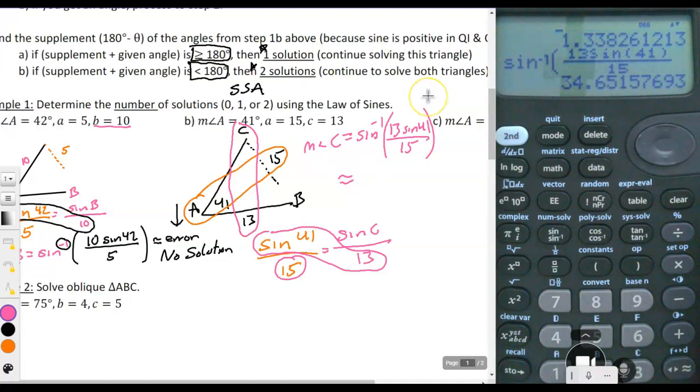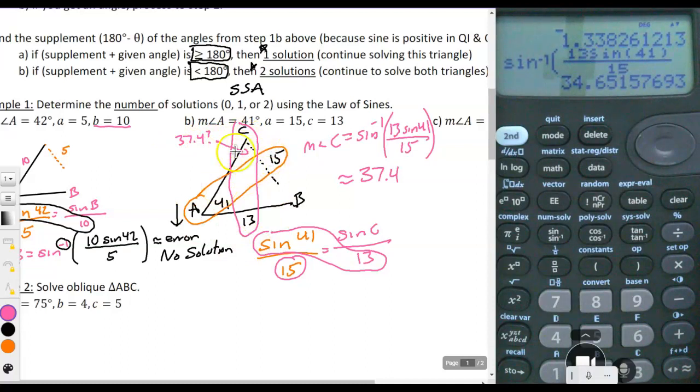All right, and that comes out to 34.7, let's just round it. So we have a possible, correct angle, which means we just found out this right here could be 34.7, and it could be just this one triangle.